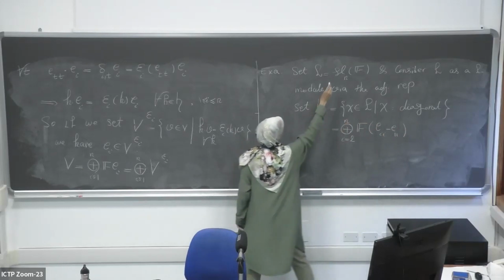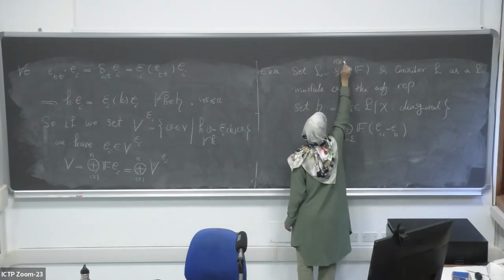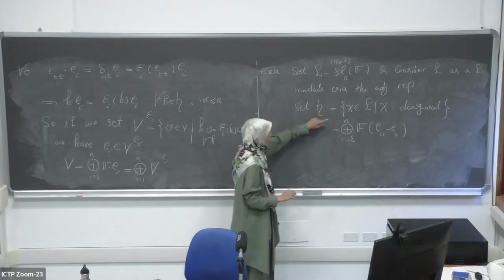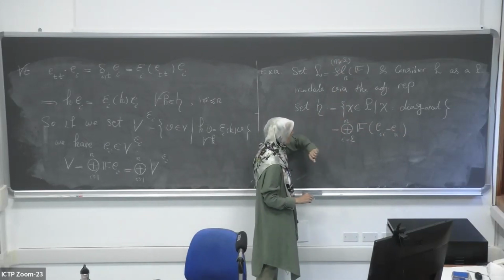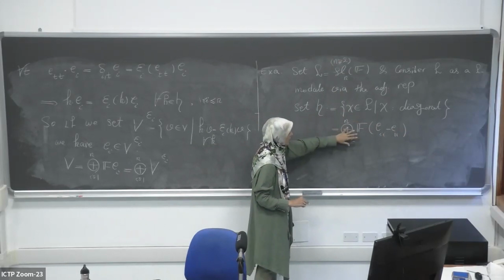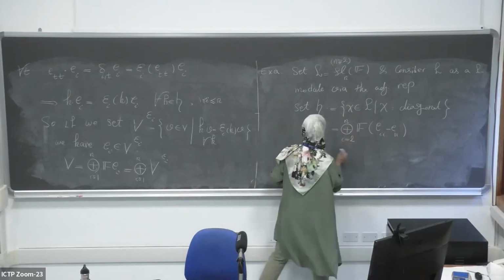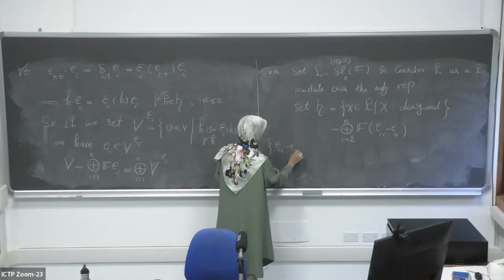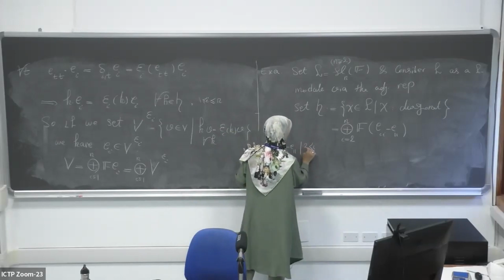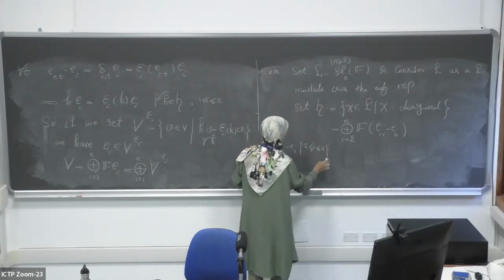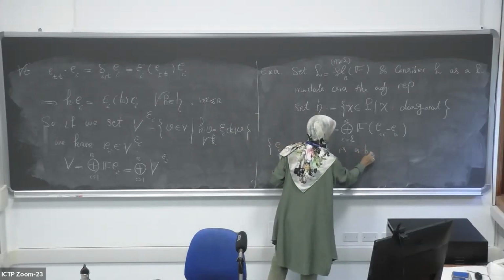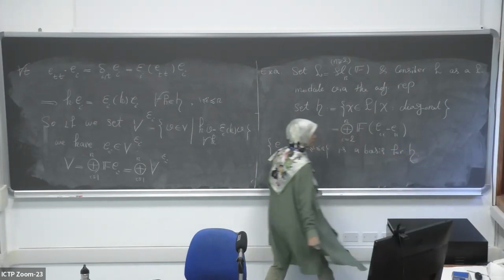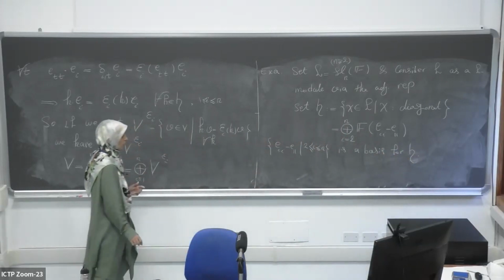And I should mention that my n is greater than 1. So H is all diagonal elements, and it is a direct sum of these. It means that E_ii minus E_11, when i is an element between 2 and n, is a basis for H.